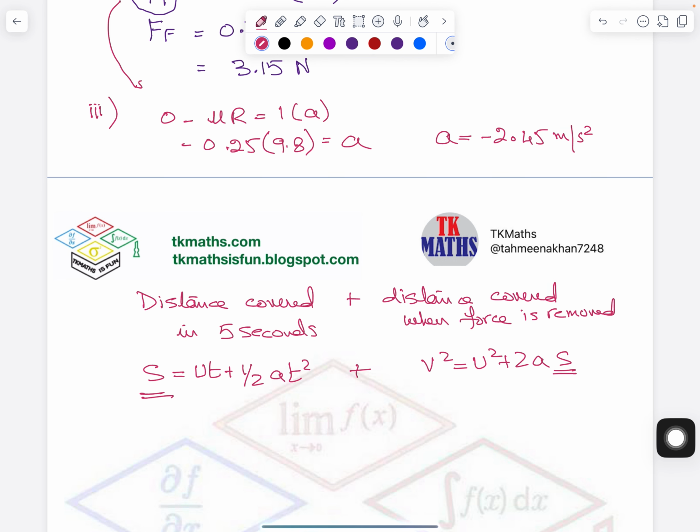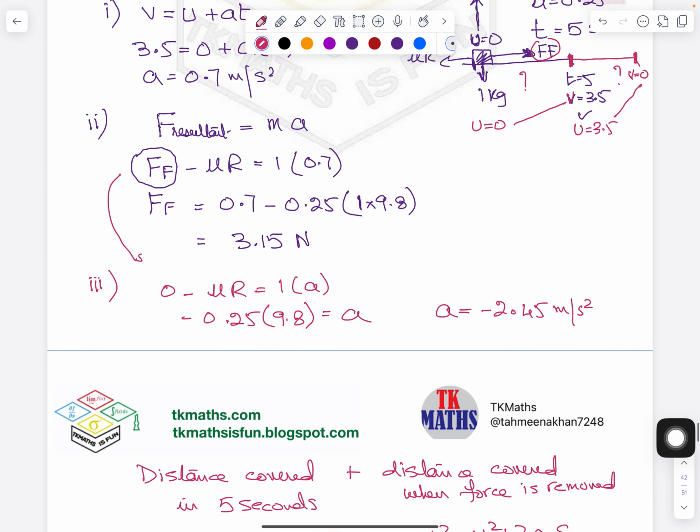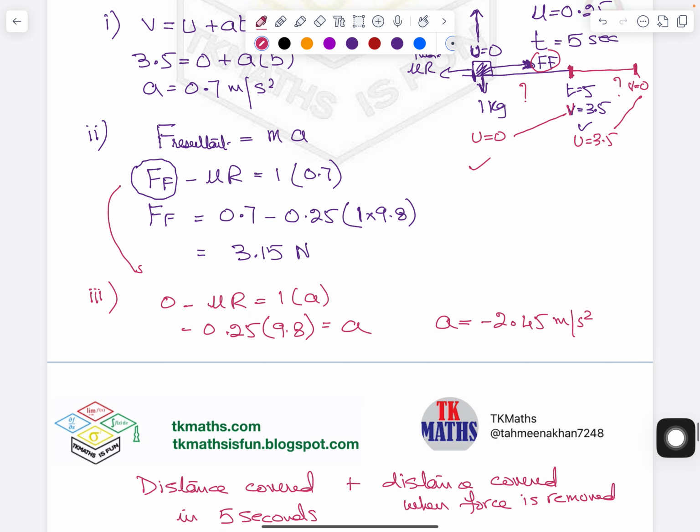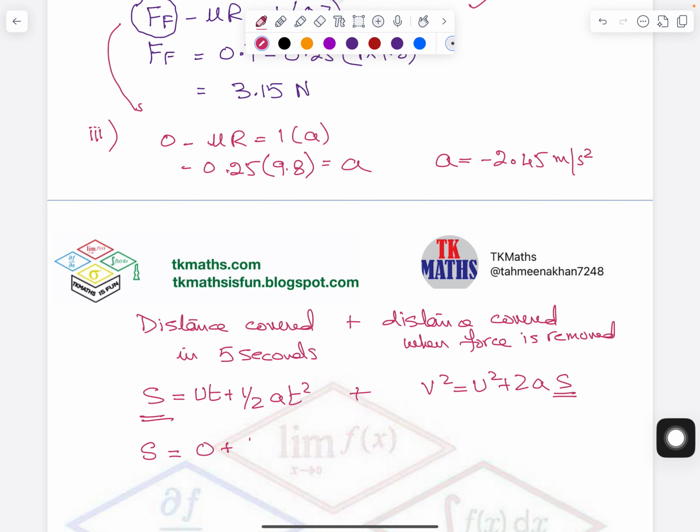In the first part, the initial velocity was 0, plus half, and the acceleration we calculated is 0.7, and time is 5 squared. If you calculate it, it will become 8.75.